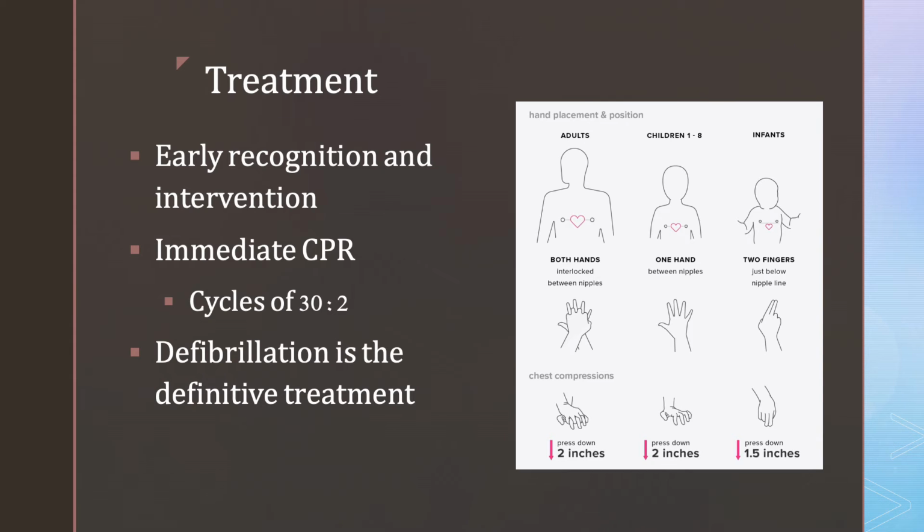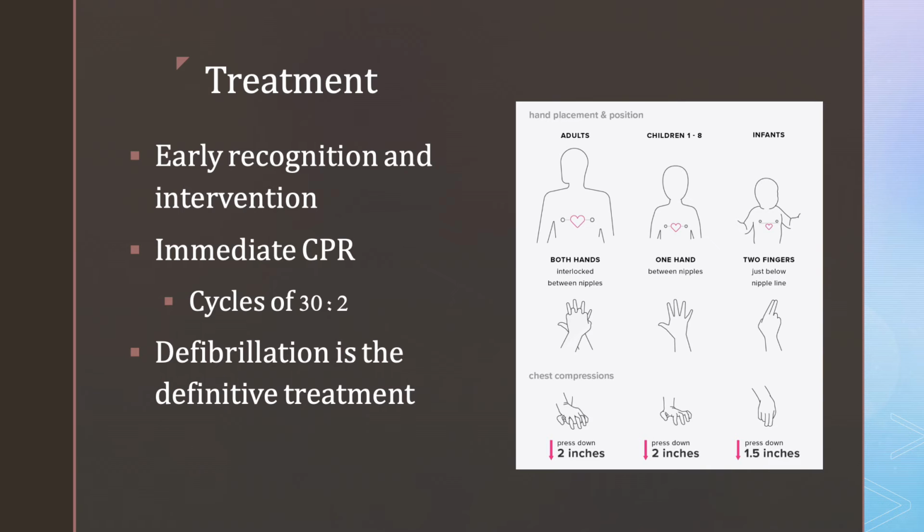Really, early recognition and intervention are key for effective treatment of VFib and more favorable patient outcomes. After finding a patient unresponsive, CPR should be immediately started at a rate of 100 to 120 compressions per minute in cycles of 30 chest compressions followed by 2 rescue breaths. Correct hand placement and compression depths for different age groups are shown in the figure here.